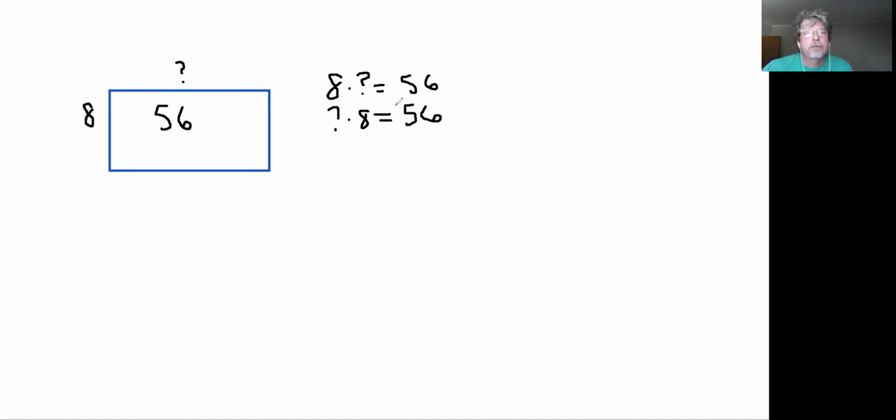We can write that either way. What I also pick up on is when I write it this way, it's really easy to see that what we're doing is seeing this as a division problem as well. So what I could have also done is I could have said 56 divided by 8 could give me the missing dimension.